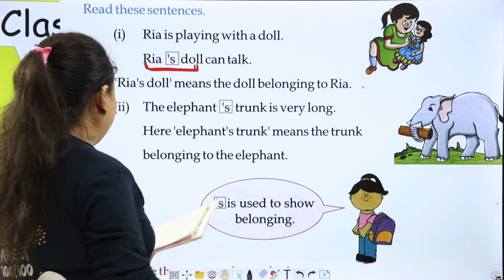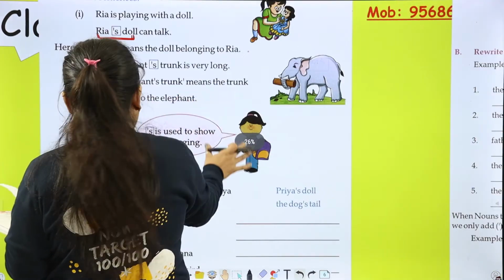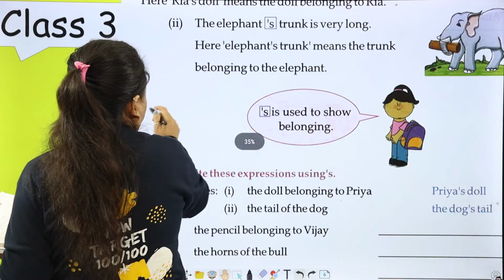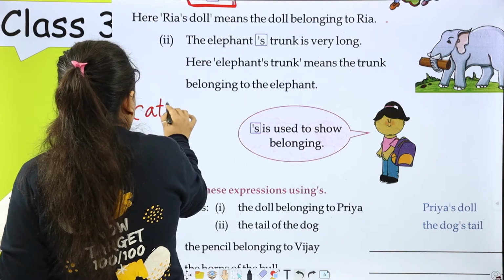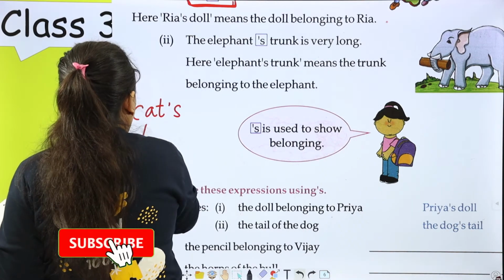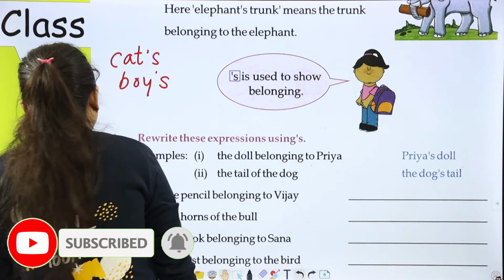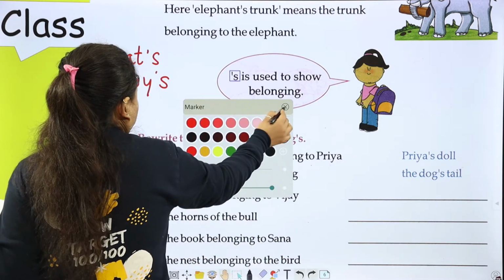And we add an apostrophe S to make a singular noun possessive, like cat's, boy's.